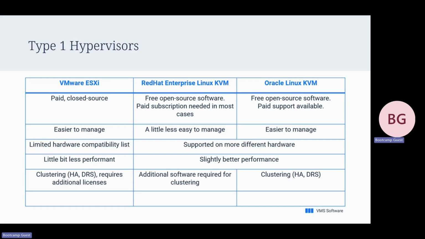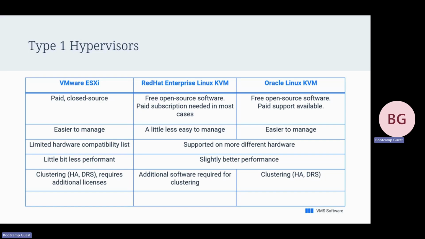Red Hat and Oracle Linux have a pretty big hardware compatibility list. Pretty much anything you can run Red Hat Linux on supports Red Hat Linux with KVM. And in Oracle Linux, you have 2 choices of Linux kernel.